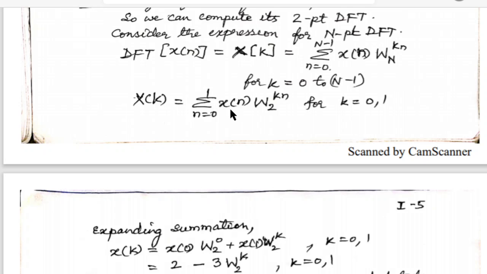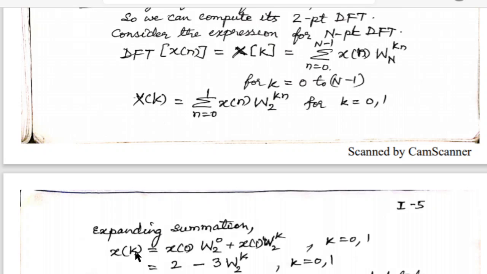It is the summation of the product of x of n, your time domain sequence, multiplied with the phase factor or twiddle factor W suffix N, capital N being 2, raised to k into n. We calculate this product for different values of k ranging from 0 to N minus 1. N minus 1 happens to be 1 here, so k is 0, 1. Again here the DFT sequence is of length 2 only.